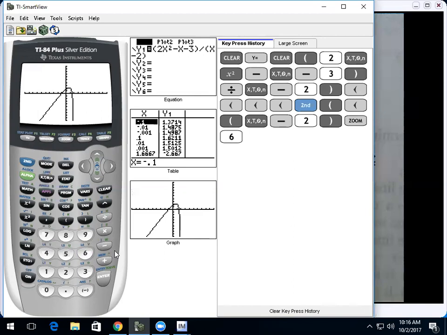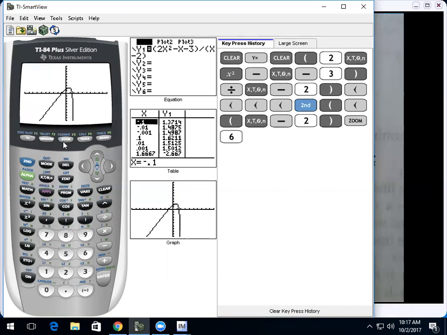I can kind of guess that there is a vertical asymptote at 2. It looks like the right side piece of that graph is going to negative infinity as x approaches 2 from the left. So I can definitely see the vertical asymptote. I can't see the oblique asymptote at all, and I don't realize that I'm missing half of the graph.